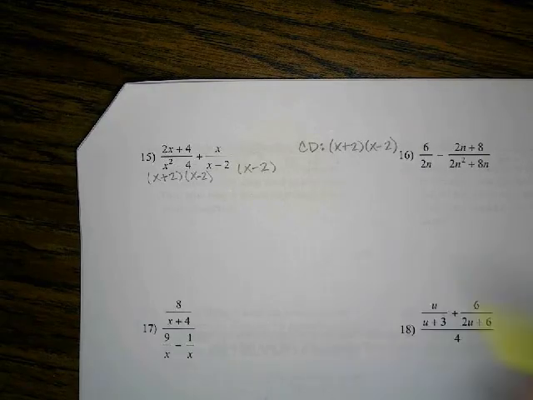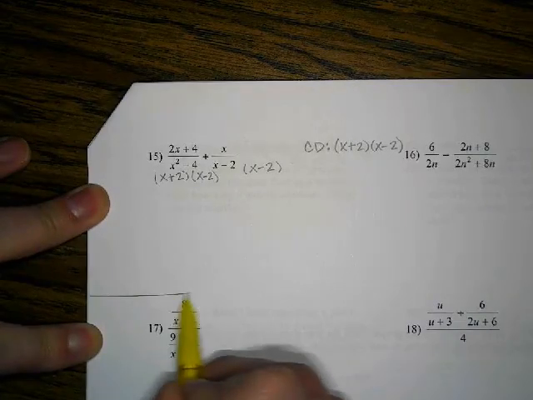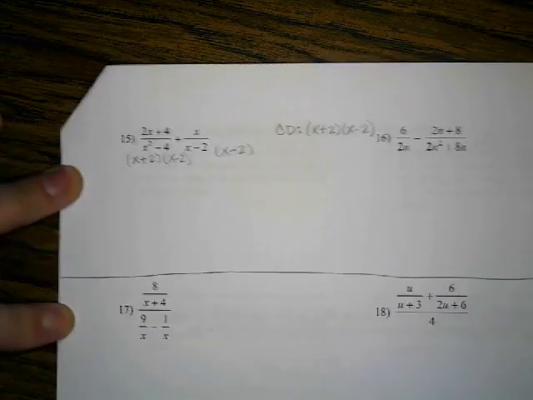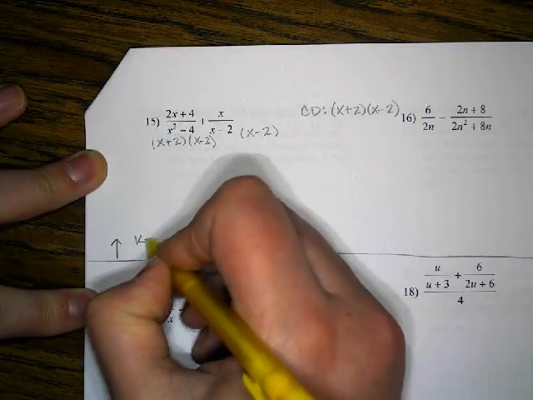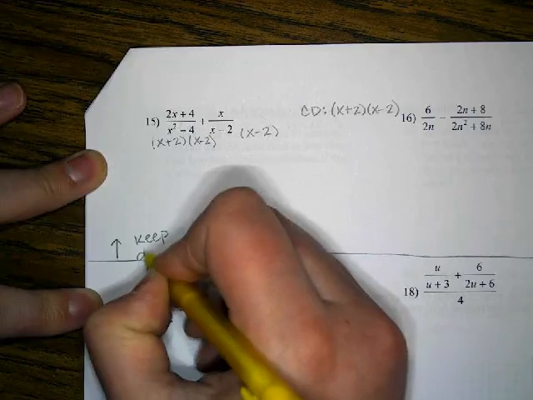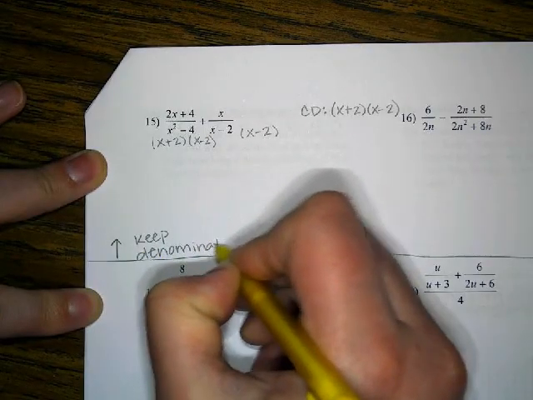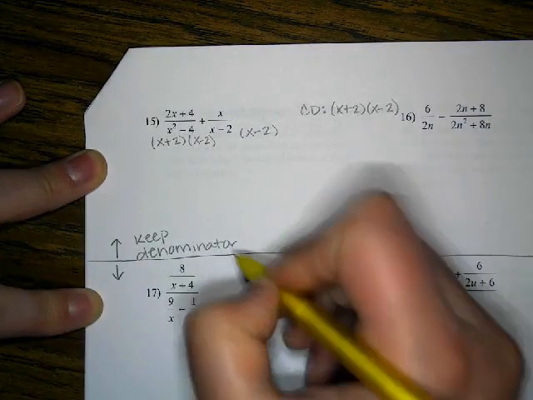So what I want for you to do is draw a line across here in your review packet. Above this line, we're going to keep the denominator. Below this line, we can ditch the denominator.